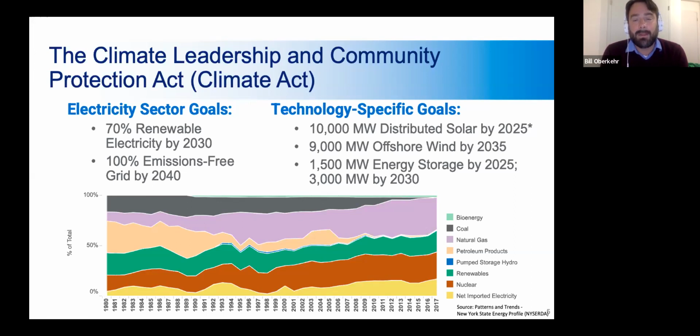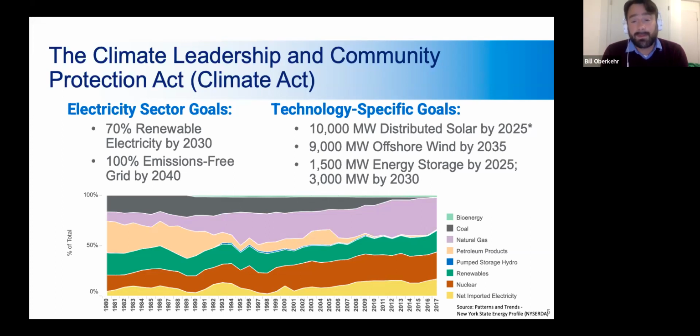And then part of the way that we're going to do that is 10,000 megawatts of distributed solar. So distributed versus utility scale. Distributed means community solar or below, not the big 20 megawatt, 100 megawatt, 250 megawatts. So when you see distributed, that's what that means. We're talking about typically 5 megawatts or below. So 10,000 megawatts there.